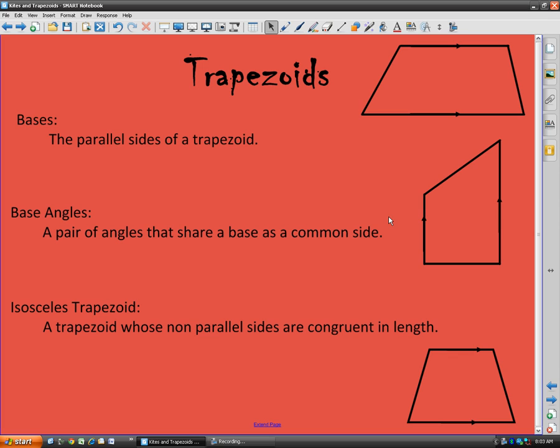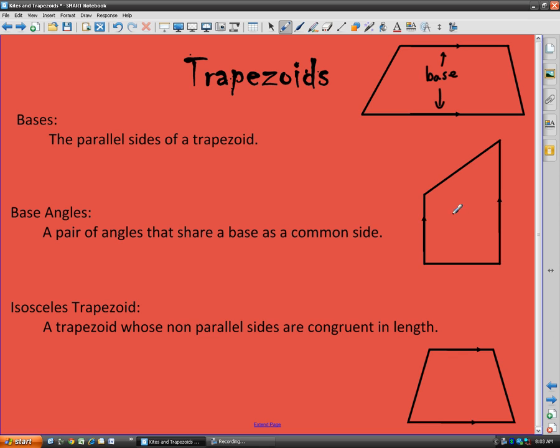The final definitions that we're going to cover are trapezoids, and I have three different types of trapezoids drawn here. These two are a little more standard trapezoids. You can see that there are the parallel sides, the top and bottom in this case, and then the left and the right are the non-parallel sides. The parallel sides are what we call the bases. So the top is a base and the bottom is a base.